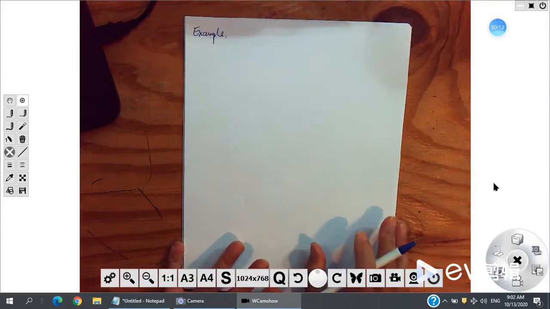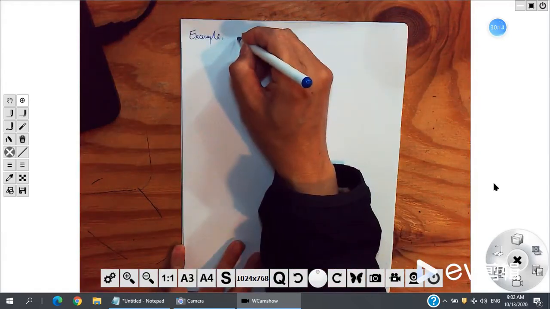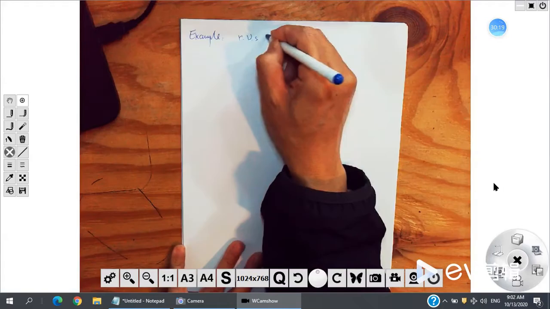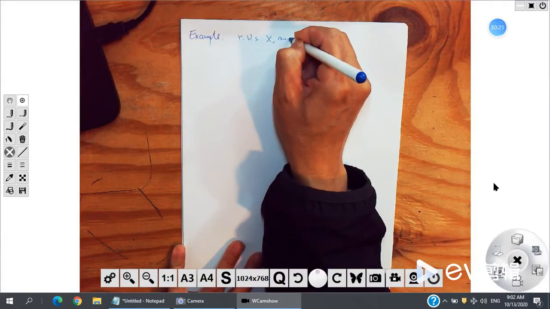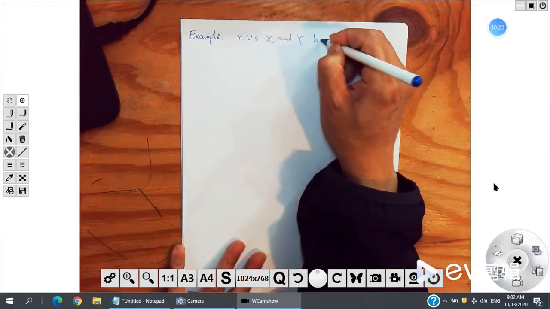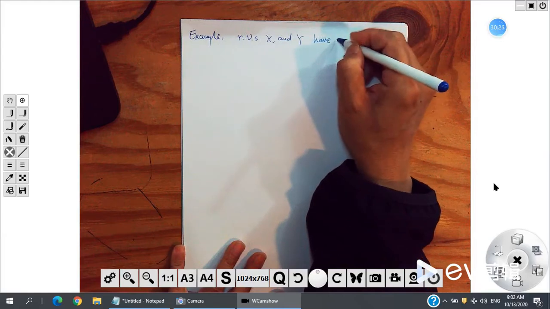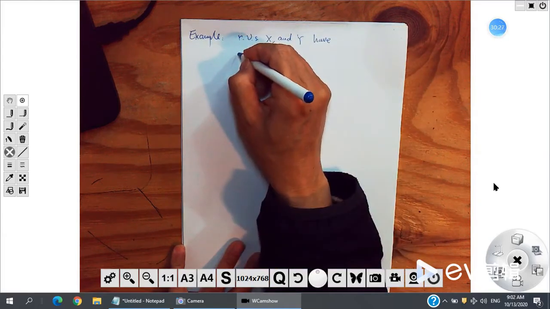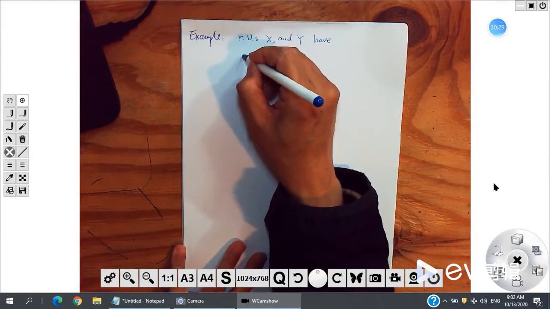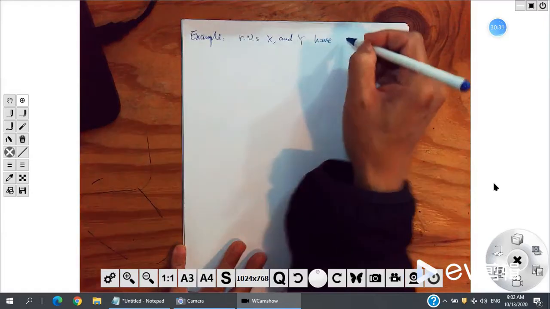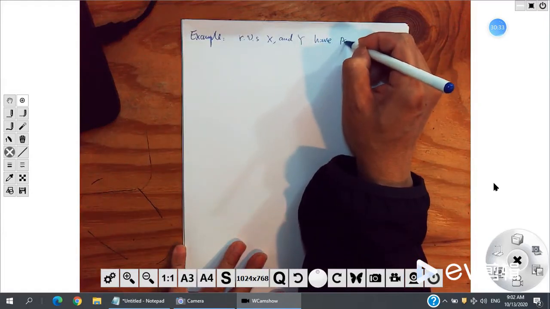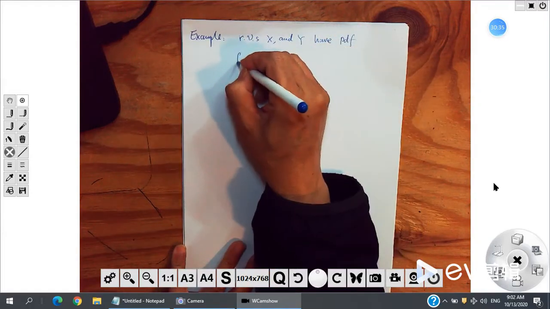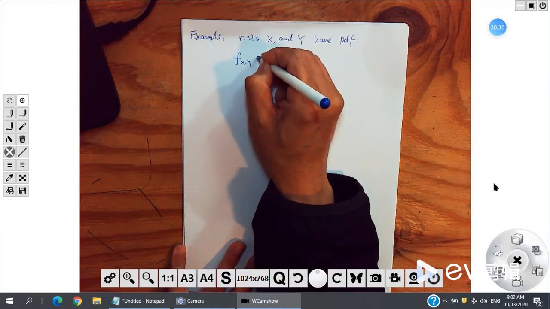Now suppose we have random variables X and Y. We have a joint distribution, jointly continuous, so they have a joint PDF, f of x and y.